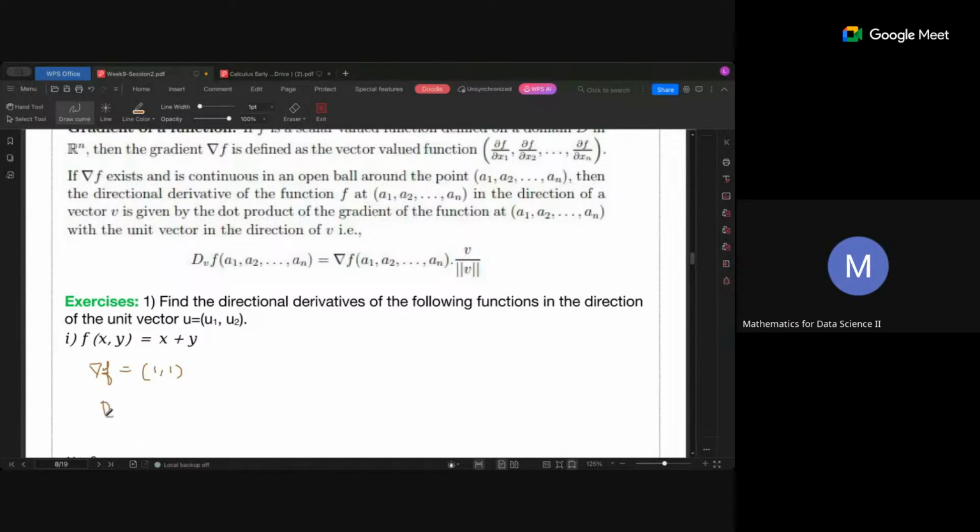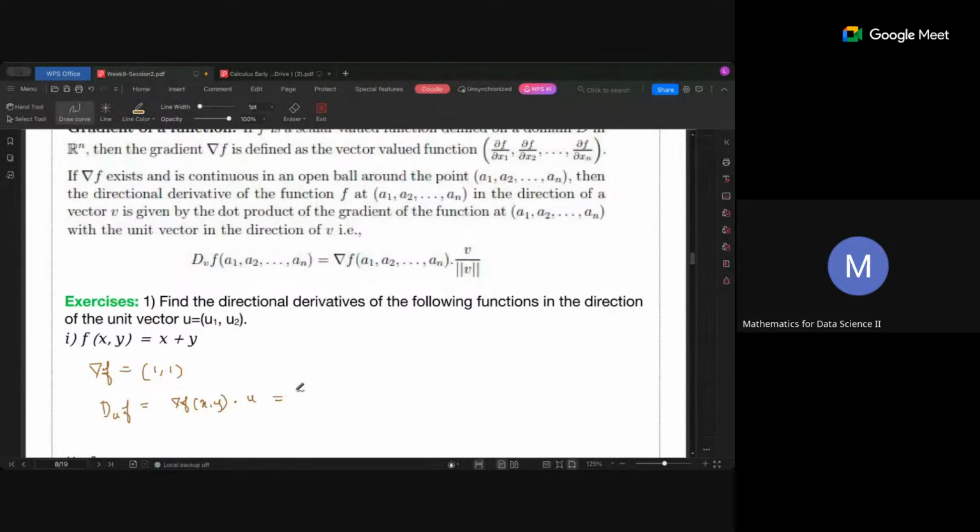So your directional derivative D_u f is del f at x comma y, dot u.